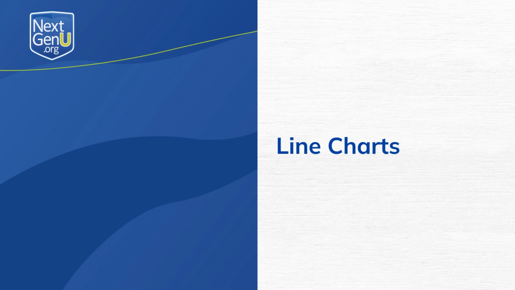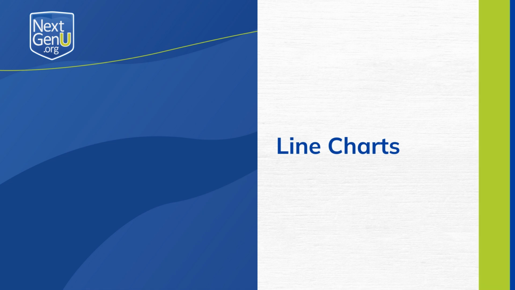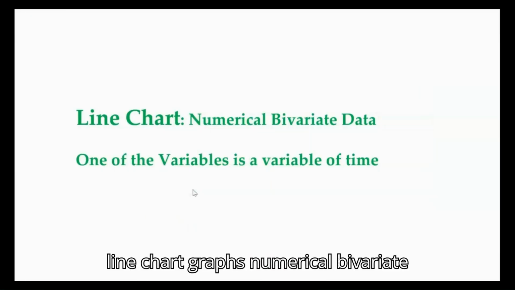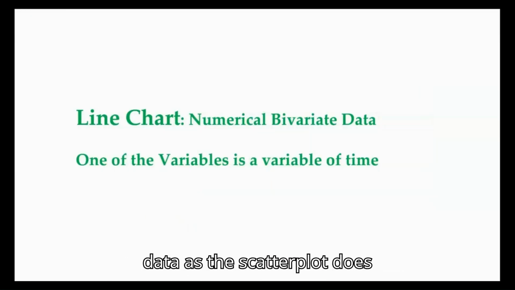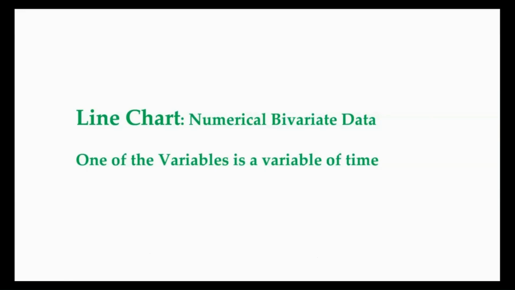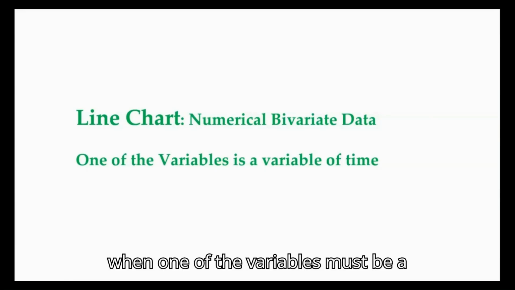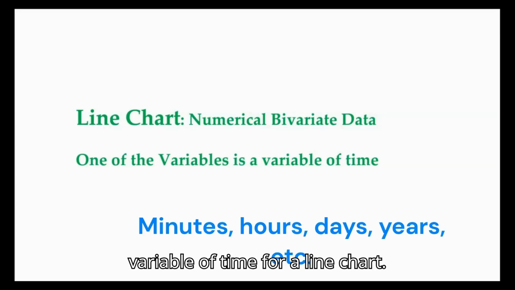If you have data that deals with the value of a variable that changes with the passage of time, then the best chart for this type of data is a line chart. A line chart graphs numerical bivariate data, just as the scatter plot does, where one of the variables must be a variable of time for a line chart.